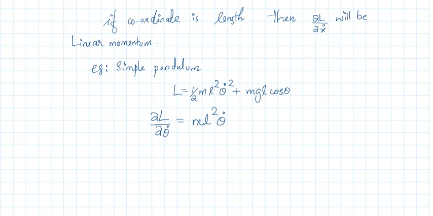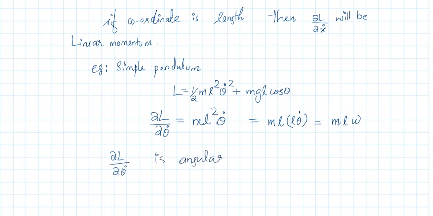I can write this as m l into l θ dot. l θ dot is nothing but the angular velocity, so it is m l ω. This is nothing but angular momentum.